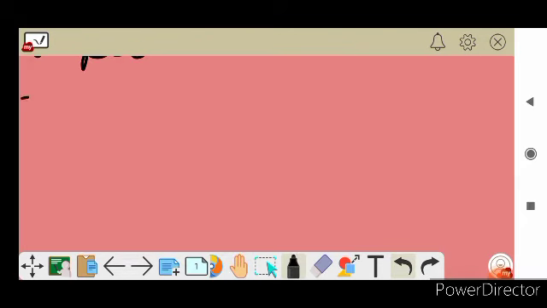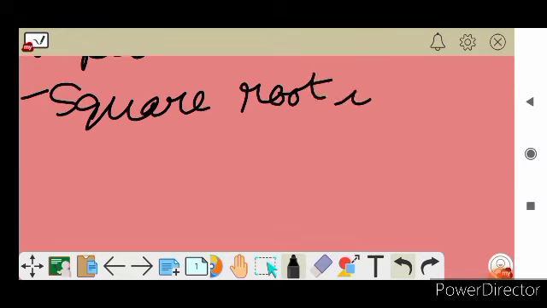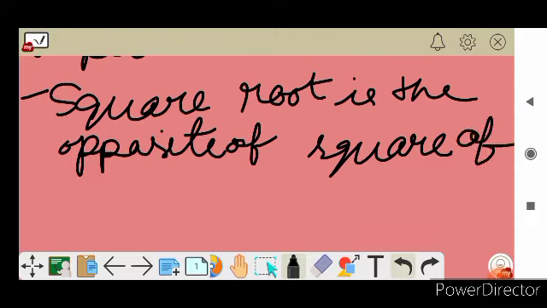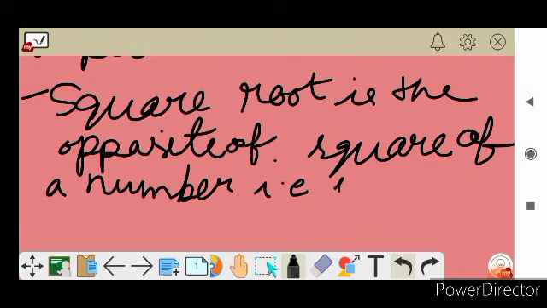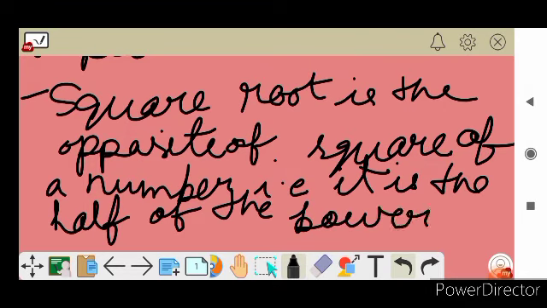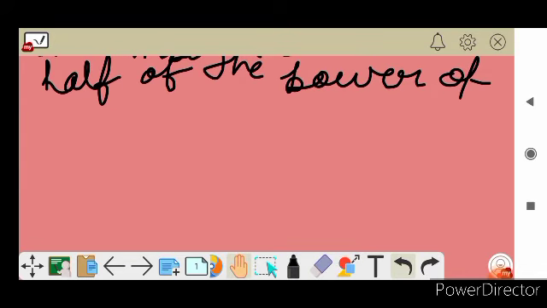And next is square root. Square root is the opposite of square of a number, that is, it is the half power of a given number.